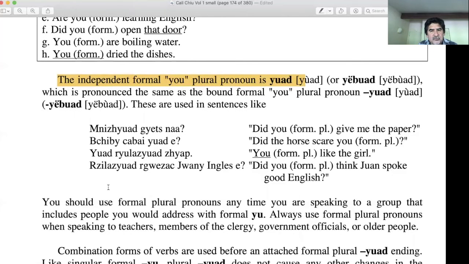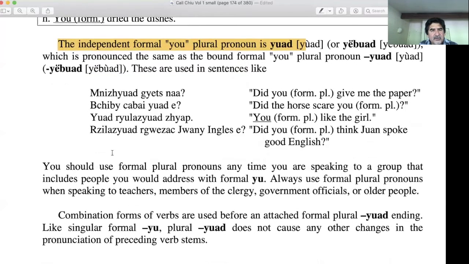So it's you, formal plural. You realize your job. Once again, you realize your job. And then there's the last sentence: realize you whining less a. Once again, realize you whining less a.